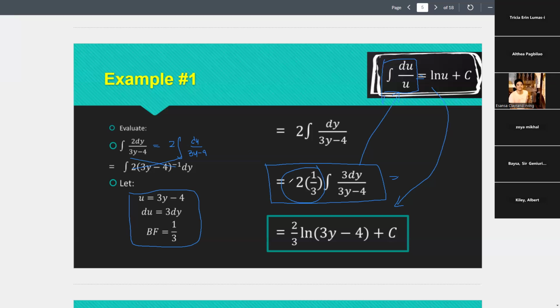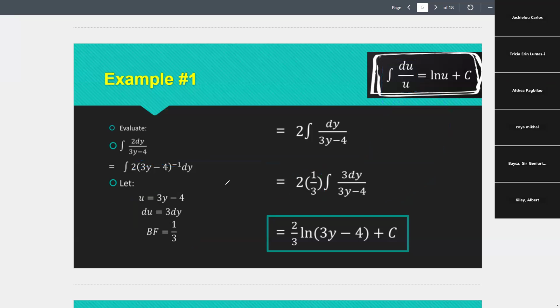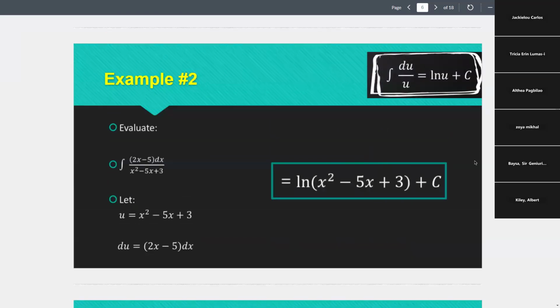Alright, moving on to the next example. We have here 2x minus 5 dx, and the denominator is x squared minus 5x plus 3.